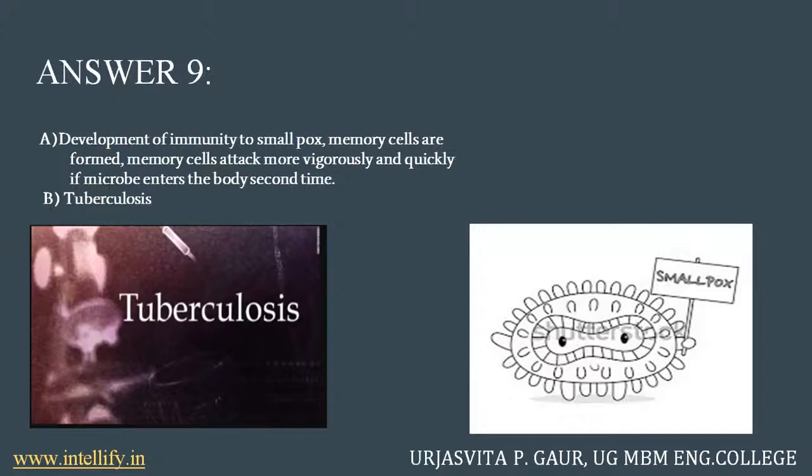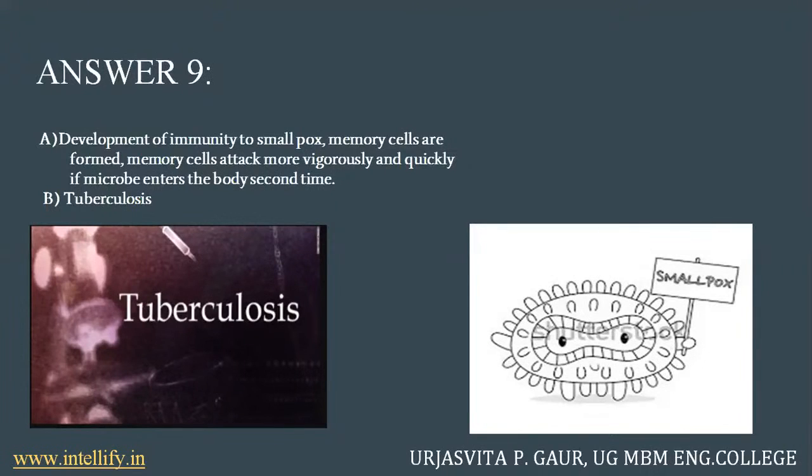Now, once the body has known what effect this kind of virus has when it enters, the second time the virus enters the body, the memory cells know what the structure and nature of the virus was the last time it attacked. So now they have a better defense mechanism.